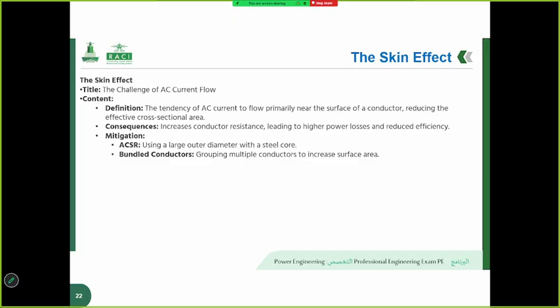However, in an AC system, the rapidly changing magnetic field created by the current induces eddy currents that push the main current toward the outer edges. So this non-uniform distribution effectively reduces the usable cross-sectional area of the conductor.